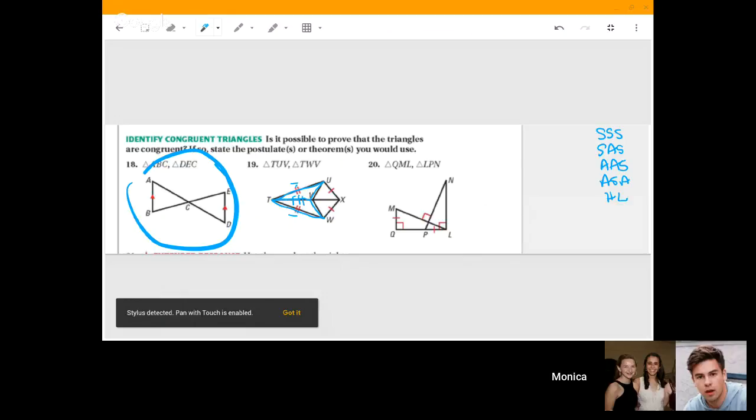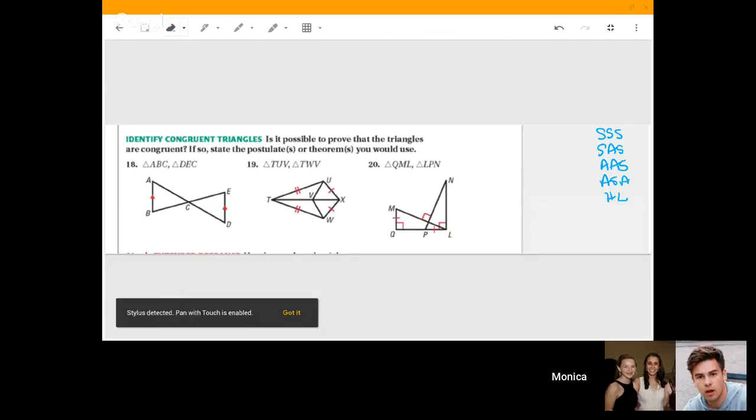So the ways that we can prove that have two sides are either side, side, side, or side, angle, side. So what we have to do is look and see if there's a way that we can prove another angle or another side, okay? Now, what's the definition of the side postulate?